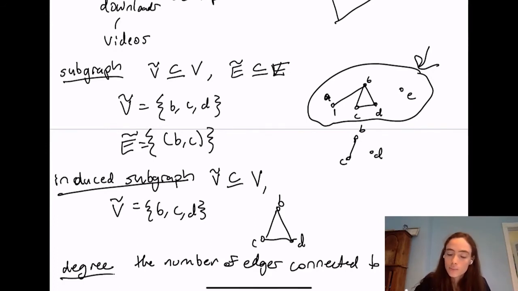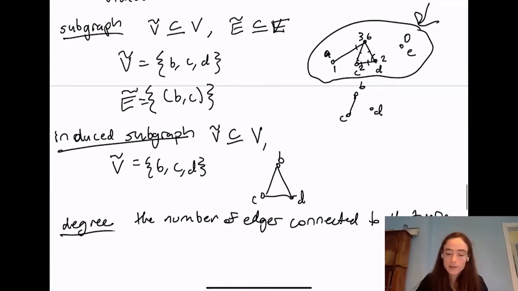B has 3 edges connected to it, so it's degree 3. C has 2 edges, so degree 2. D has 2 edges, so degree 2. And E has 0 edges, so it's degree 0. And degree is another important concept for graphs because we might want to find the highest degree vertex in our graph.